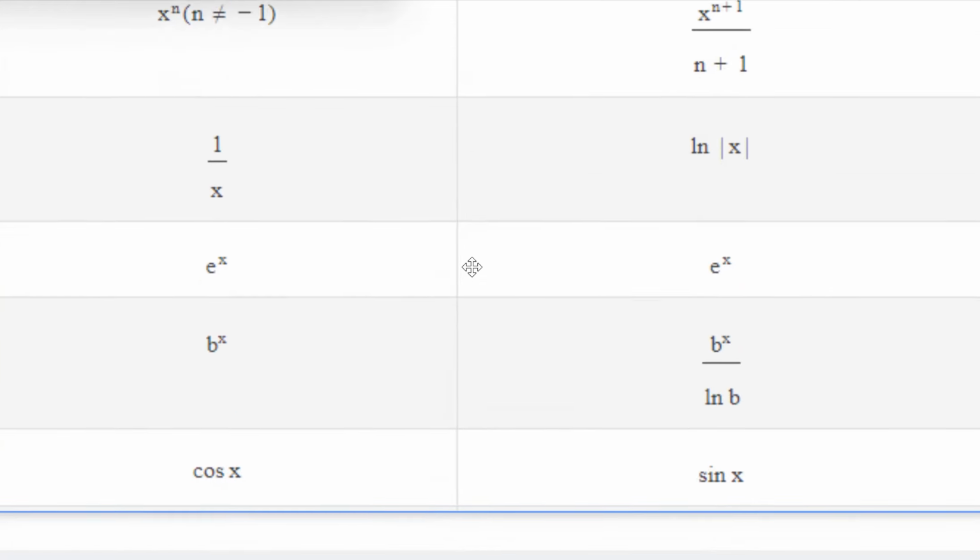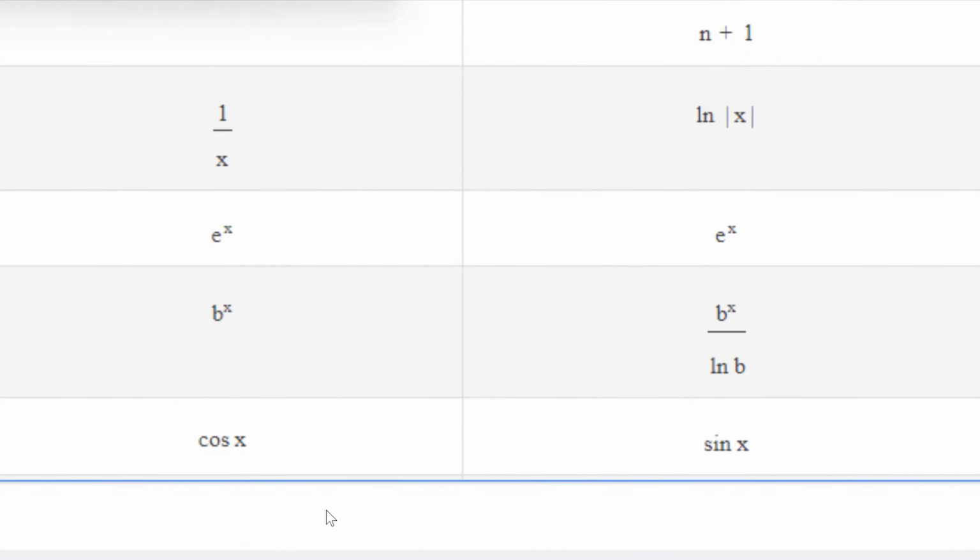E to the x is e to the x. No difference there. The integral of b to the x is b to the x over ln of b. Because if you remember, the derivative for it was what it was times ln of that value of the base. So the integral has to get rid of that ln by dividing by it.